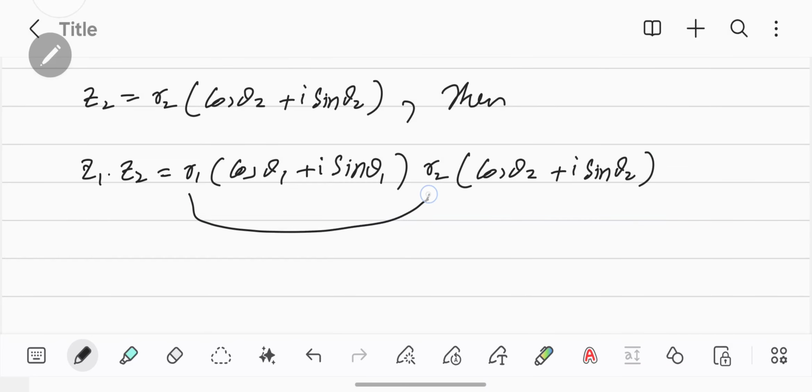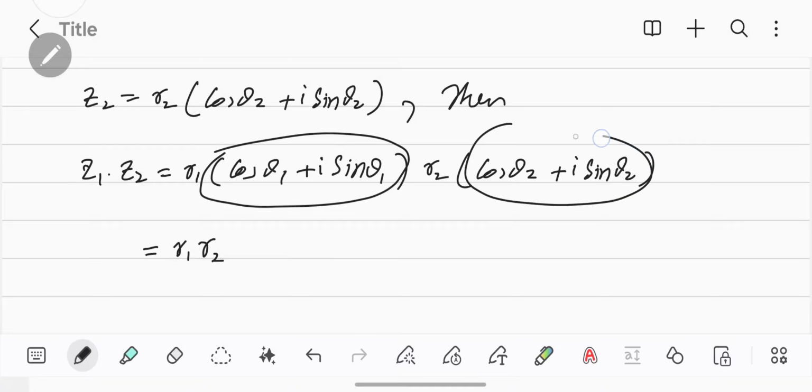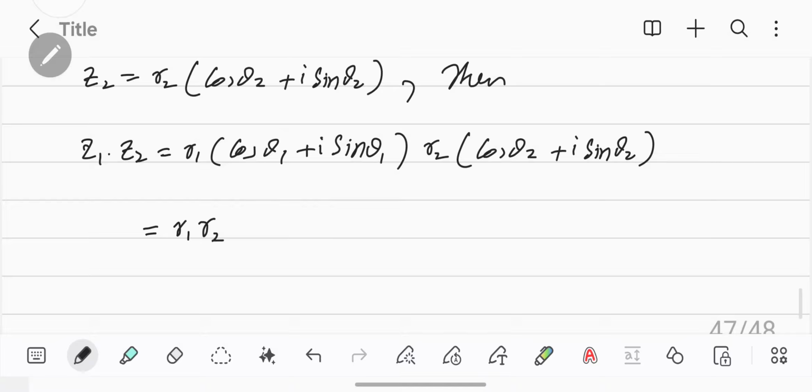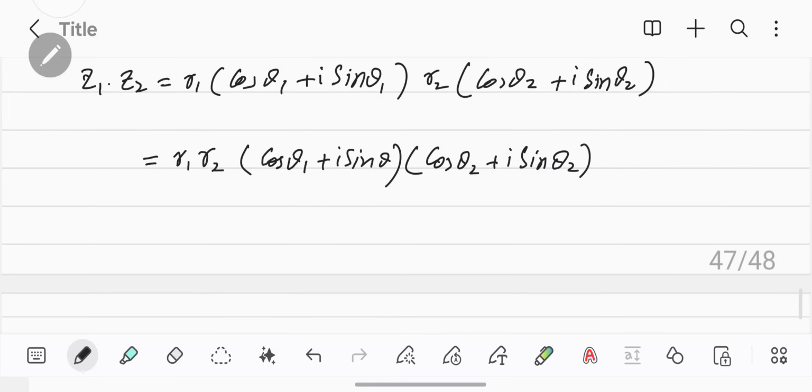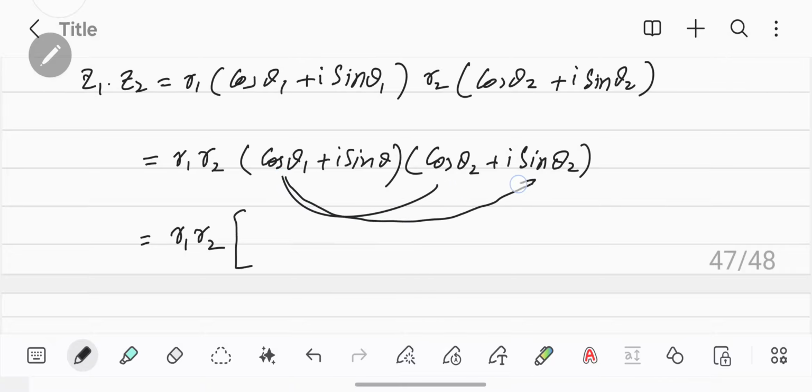Now if you multiply r1 with r2, you get r1 times r2. Now you have these two factors, so let me write these factors first, times cosine of theta 2 plus iota sine of theta 2. Now r1 and r2 stay as they are. You have to multiply cosine of theta 1 with this one and then this with this one.